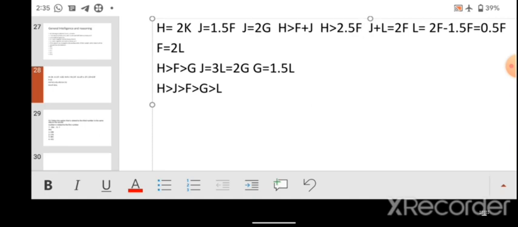H is given as 2K, and H is greater than 2.5 times F, so we can write 2K is greater than 2.5 times F. So from here we will get what? K is greater than 1.25 times F. So K must be greater than F.